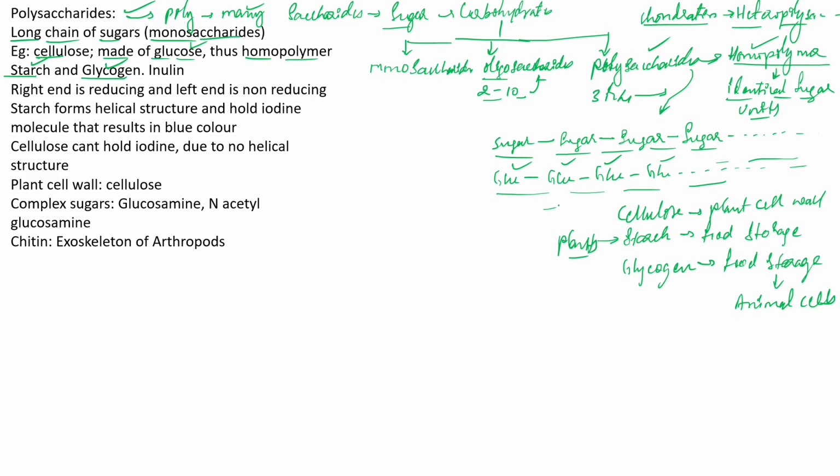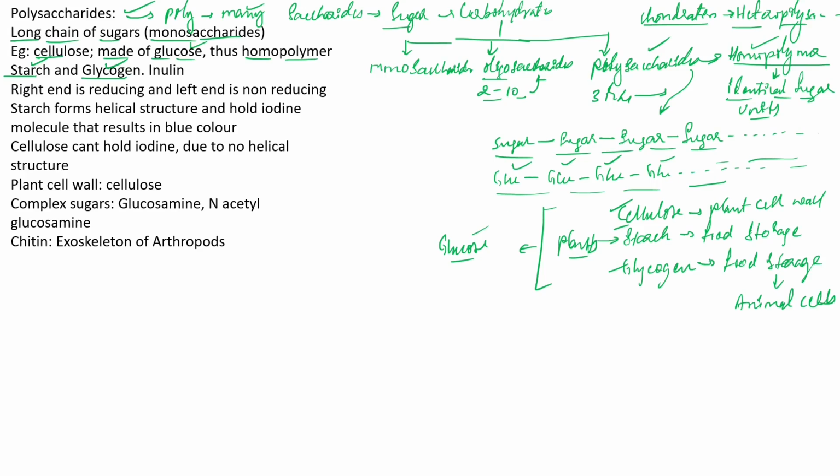So now all of these three, the monosaccharide that is used in cellulose, starch, and glycogen, is glucose. In all of these three polysaccharides, the monomer, that is the sugar unit found, is glucose, right?